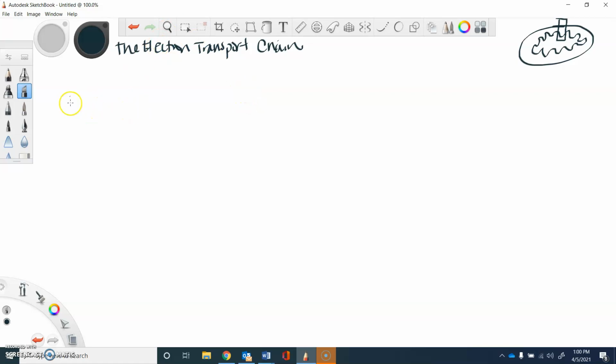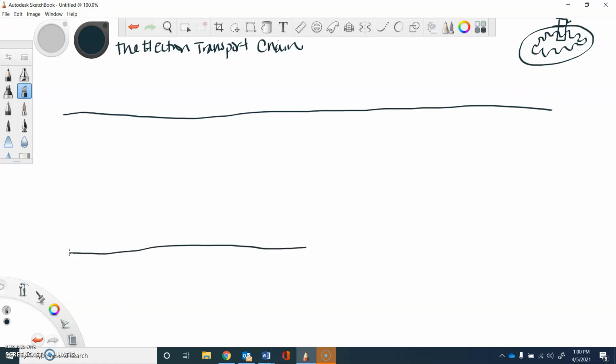So if I make a big cell here, I'm gonna blow this portion up. So out here is the cytoplasm. You can orient yourself.